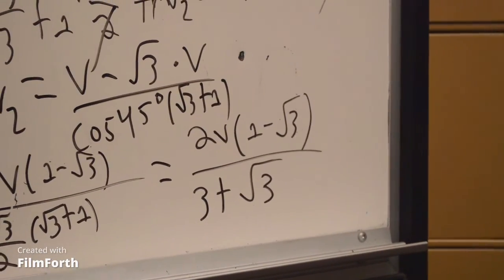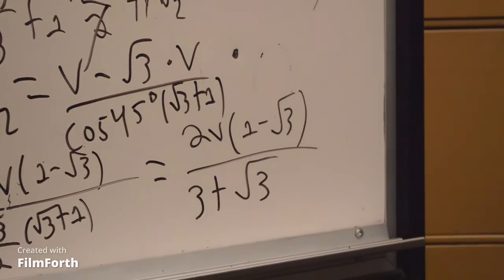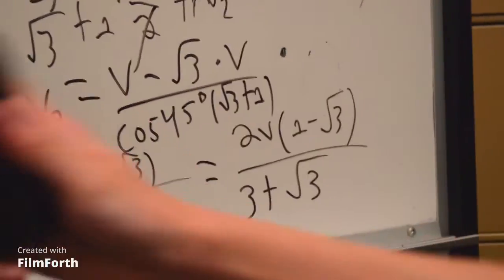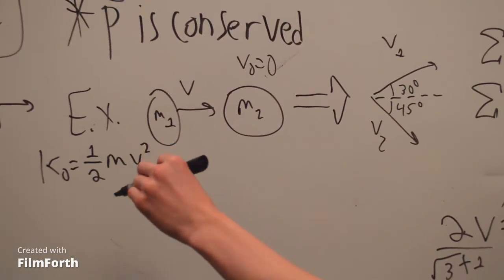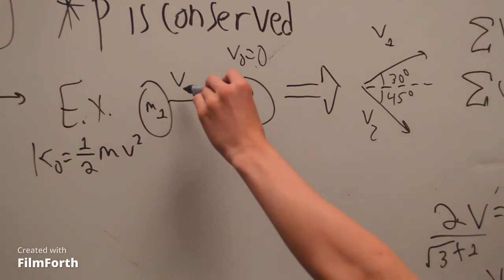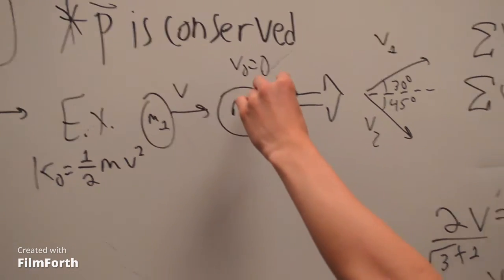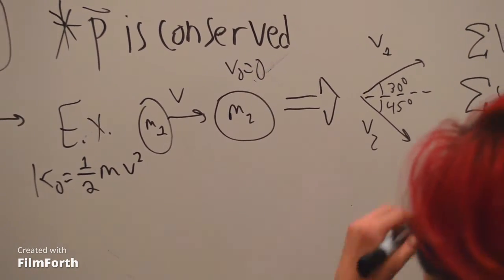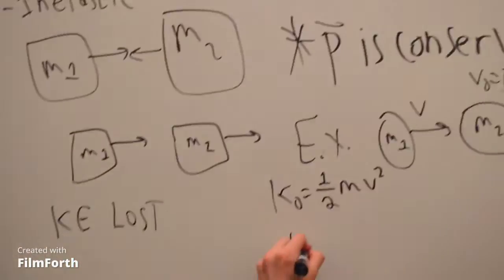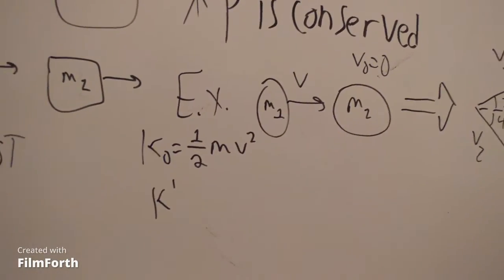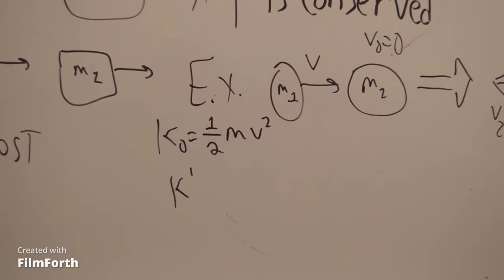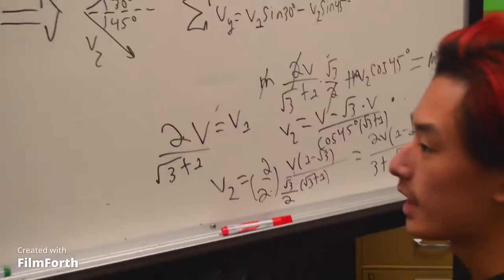Now let's figure out whether the collision is elastic or inelastic. So K naught is our initial kinetic energy, and the only velocity that's intact is the velocity of mass 1. The second kinetic energy is 0, as it has no velocity. Let's call this K prime. K prime is the kinetic energy of the final objects. Direction, like I said earlier, really doesn't matter when it comes to energy.